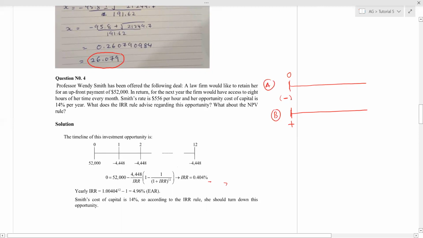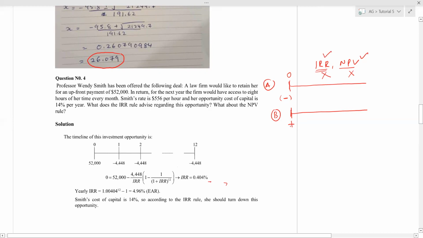When the cash flows are conventional, IRR and NPV give the same decision. For instance, if NPV says accept the project, IRR would also say accept the project. If NPV says reject, IRR would also say reject.